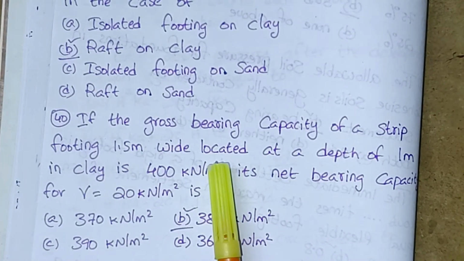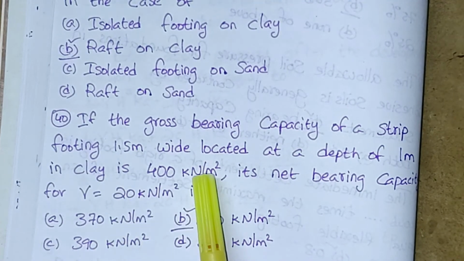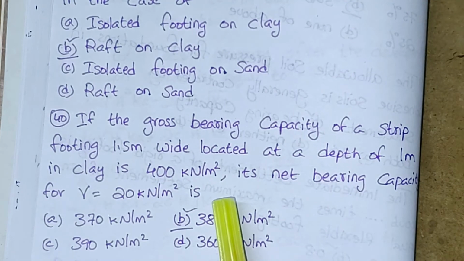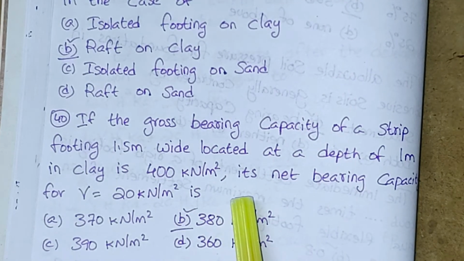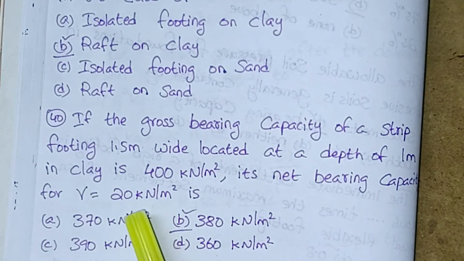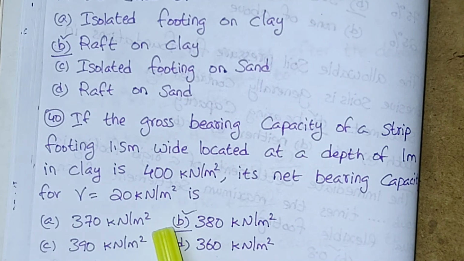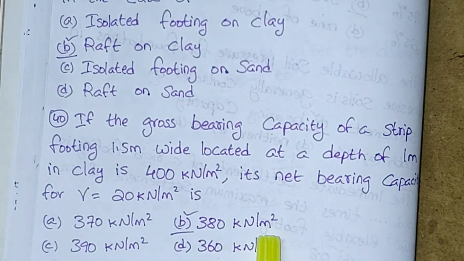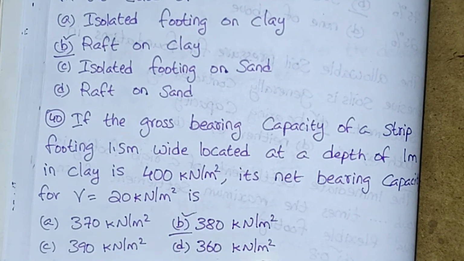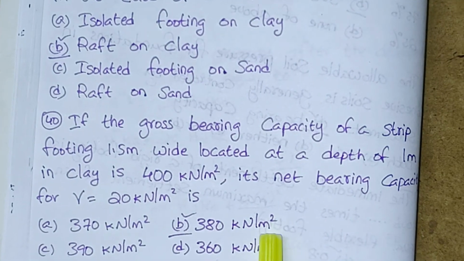If the gross bearing capacity of a strip footing 1.5 meters wide located at a depth of 1 meter in clay is 400 kilonewton per meter square, its net bearing capacity for gamma equal to 20 kilonewton per meter cube is 370 kilonewton per meter square, 380 kilonewton per meter square, 390 kilonewton per meter square, 360 kilonewton per meter square. So the correct answer is 380 kilonewton per meter square.